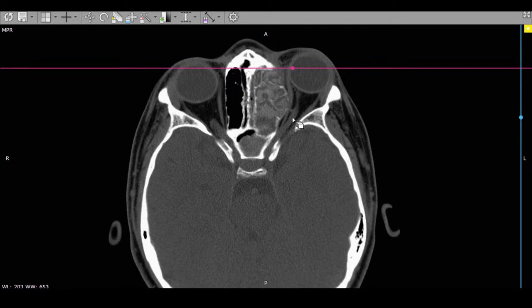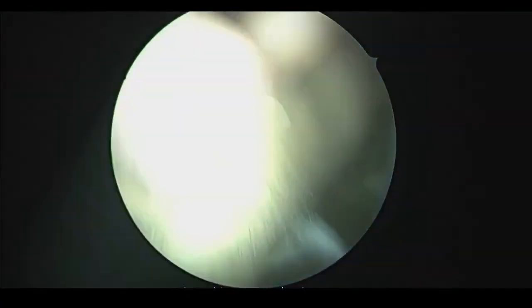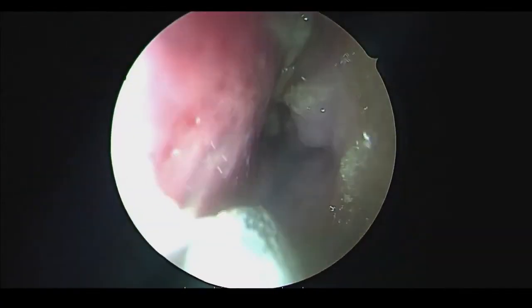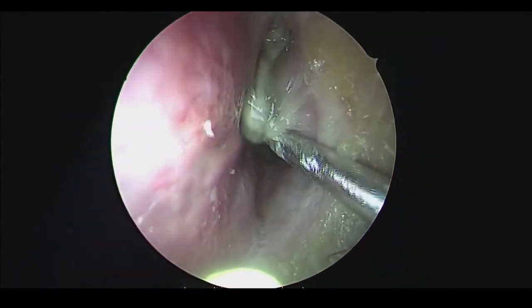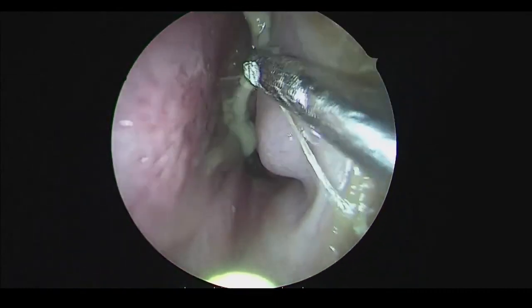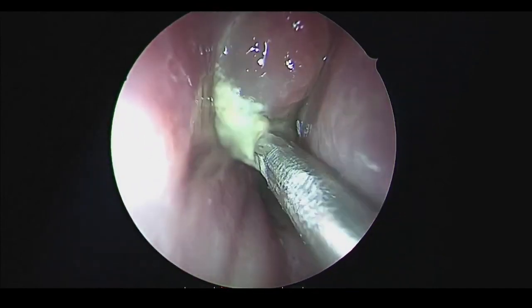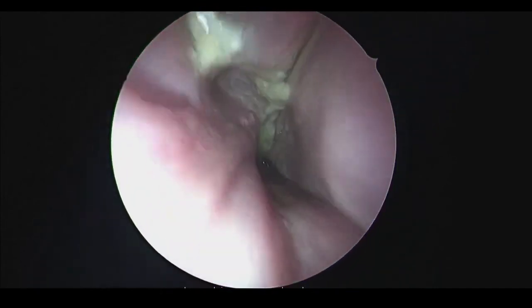Can you change to endoscopic picture, please? Yes, sir. Now endoscopic picture, sir. Are you getting the endoscopic picture? Yes, sir. Sir, what is the pre-op preparation you have done for this patient? So what we have done, we have given a pre-operative course since the last 2 days only.